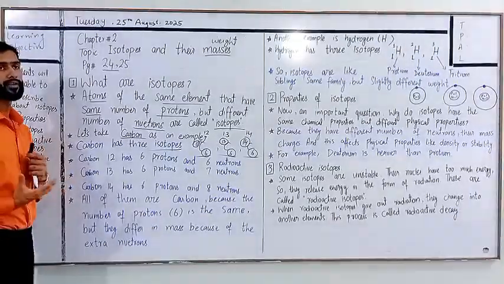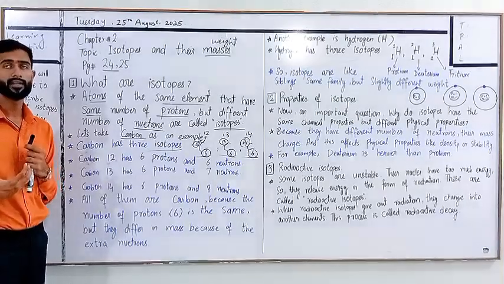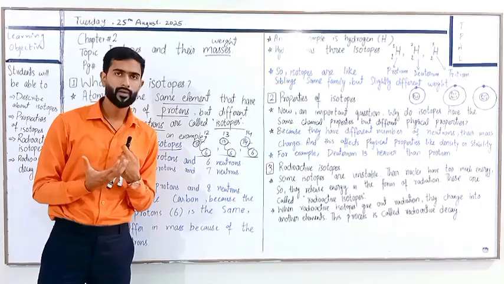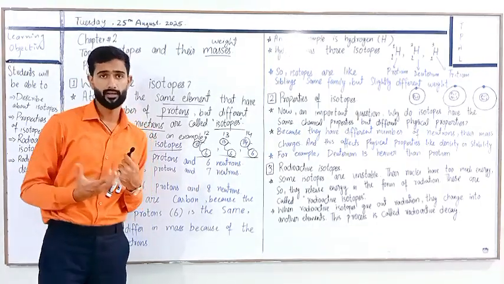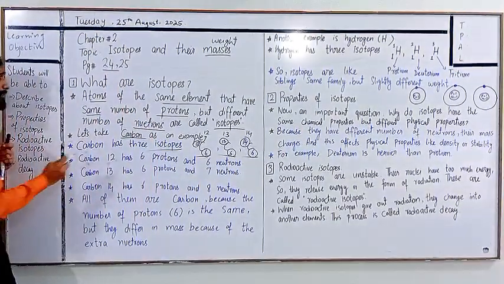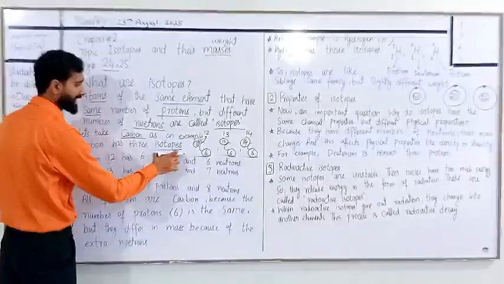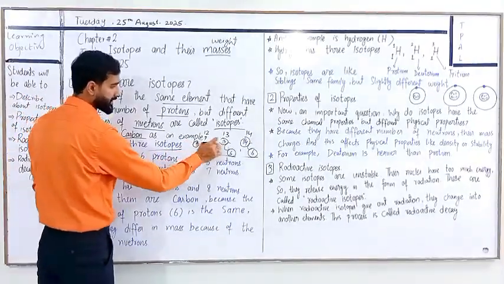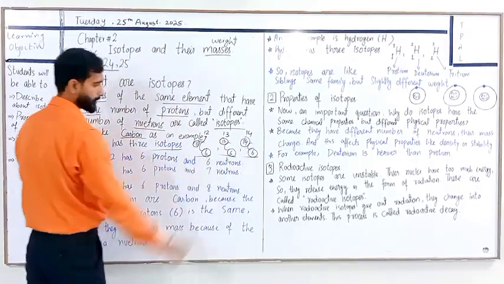So let's understand the concept of isotopes with the help of an example. We are taking the example of the carbon atom for better clarification and understanding. Carbon has three isotopes: C12, C13 and C14.